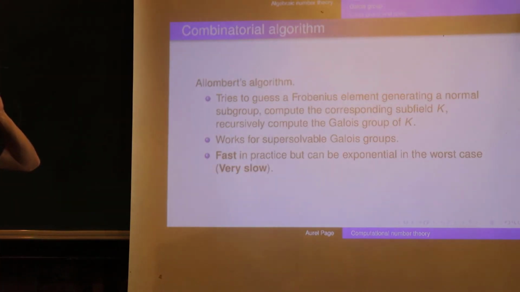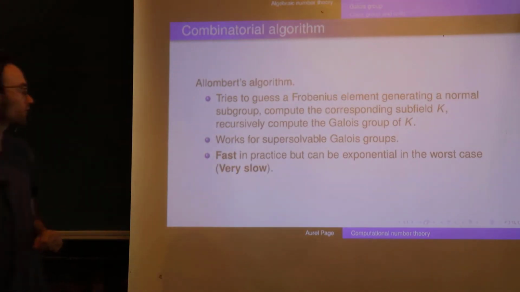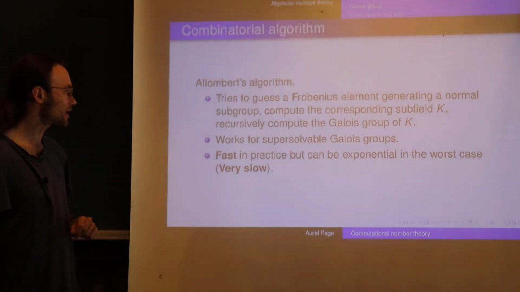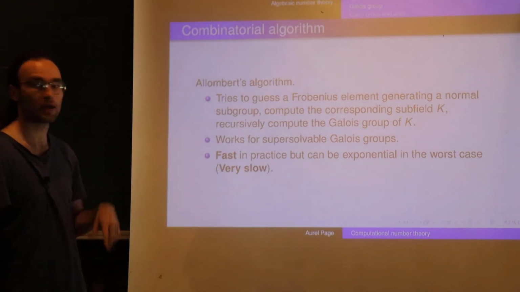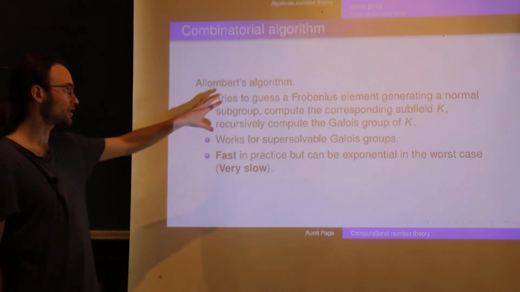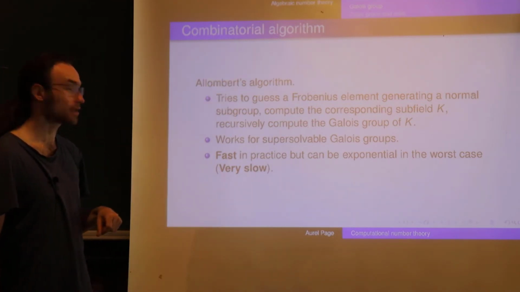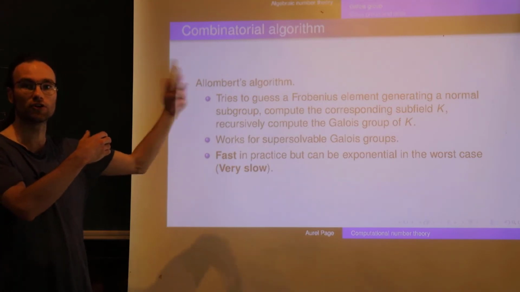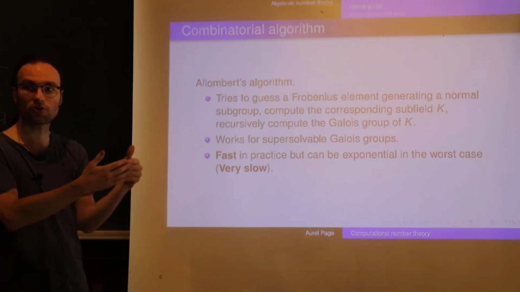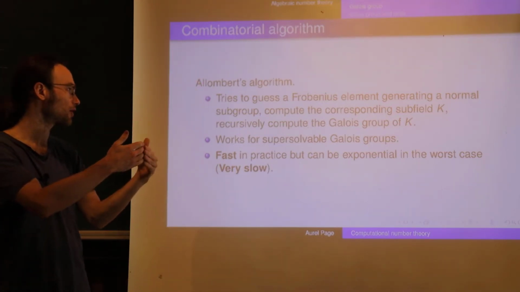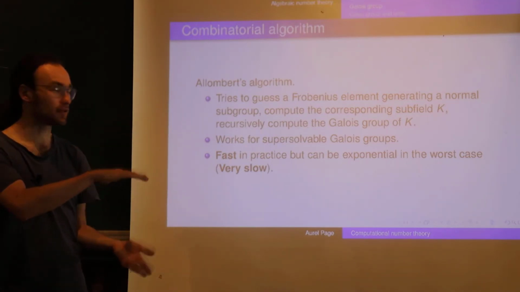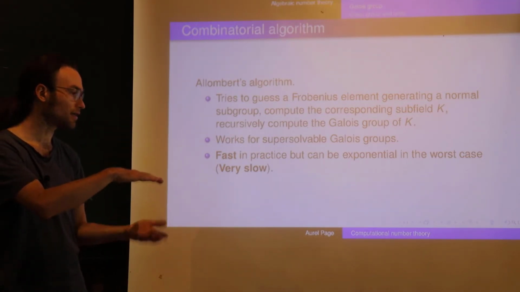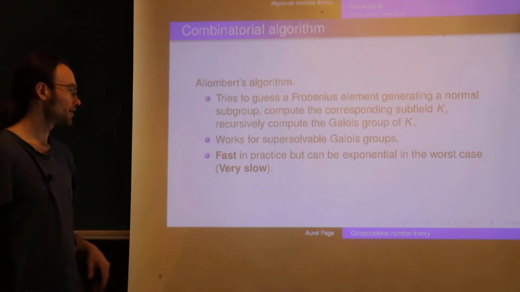So there is a combinatorial algorithm that exploits, I'm not going to go into details, the existence of Frobenius elements. It tries to find one that generates a normal subgroup, compute the corresponding subfield, which is also going to be Galois, recursively compute in the smaller field, and then tries to go back.